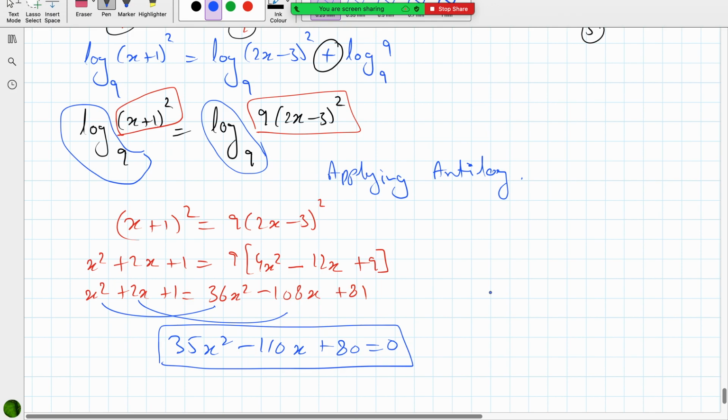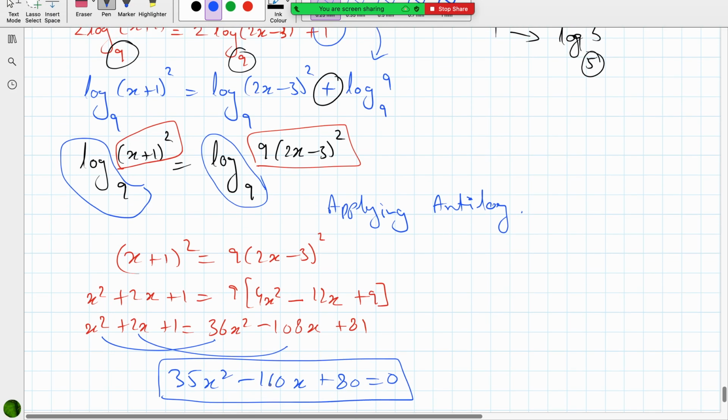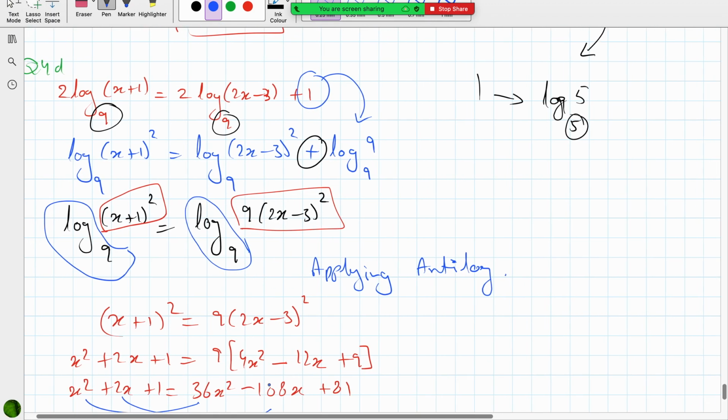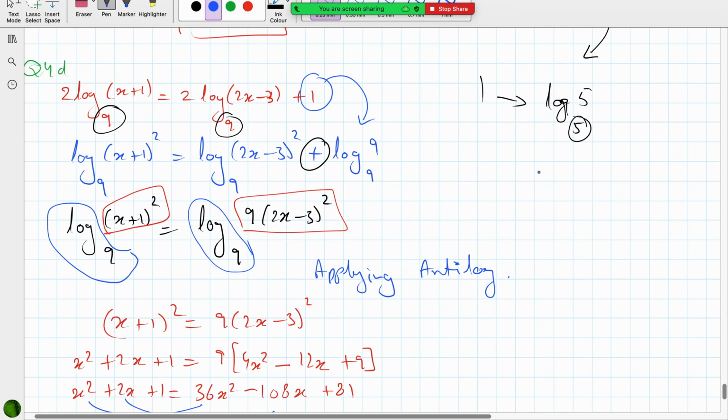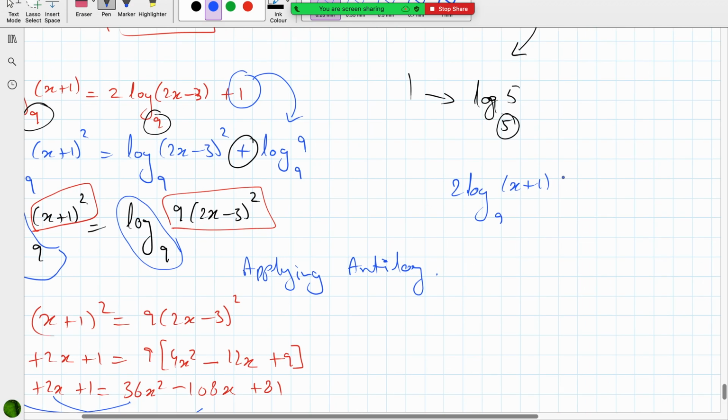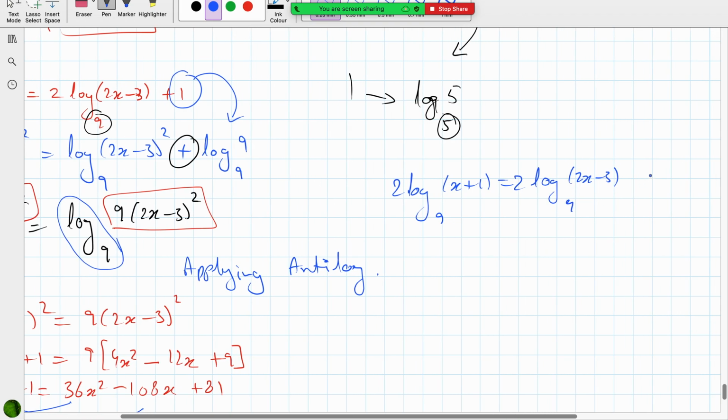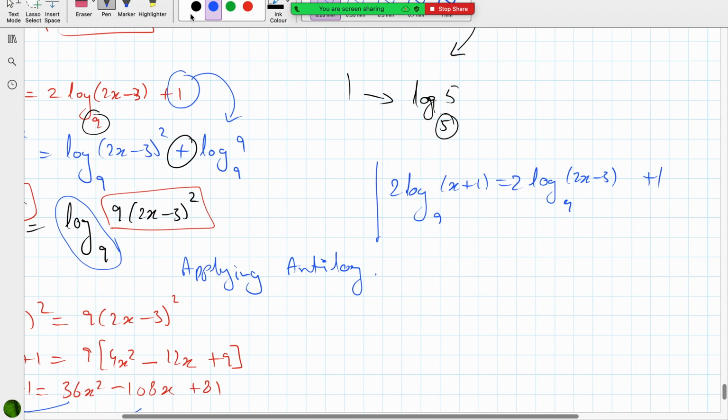Before we continue, I'm trying the same question with a different method, and we'll compare these two equations. For example, this was the very question: 2 log of (x plus 1) to base 9 is equal to 2 log of (2x minus 3) to base 9 plus 1.